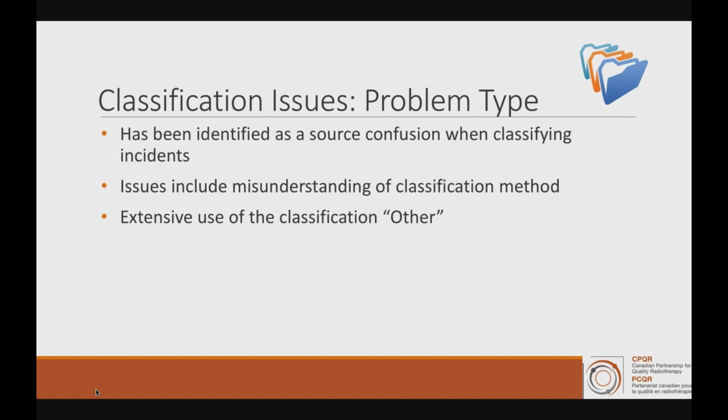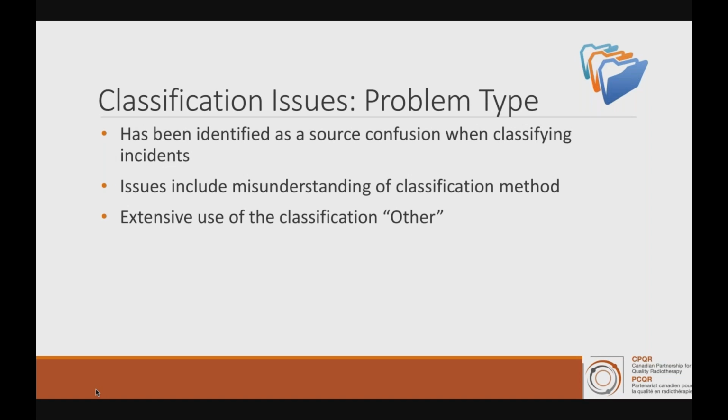So now we're going to move on to problem type, which has been identified as a source of confusion within the incident classification system. It can be linked to a misunderstanding of how to classify incidents.